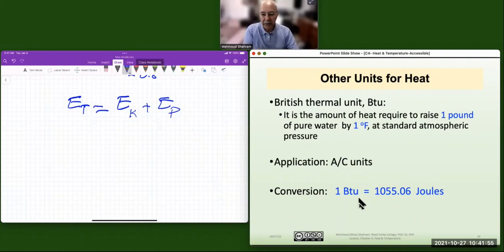If you want a conversion between BTU and joules, 1 BTU is almost 1,000 joules. If you look at your air conditioning or your heater, there is a plate on it that tells how many BTU it can put out. That's what it means, the amount of energy that it's capable of producing.